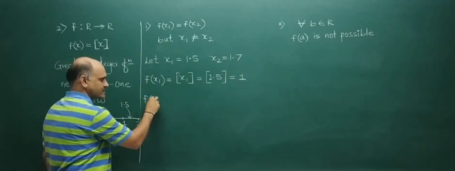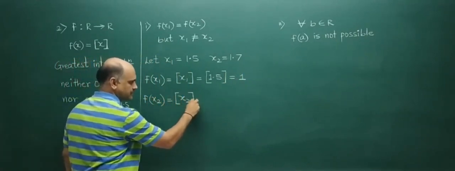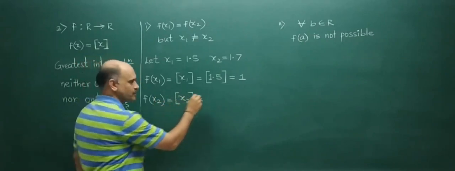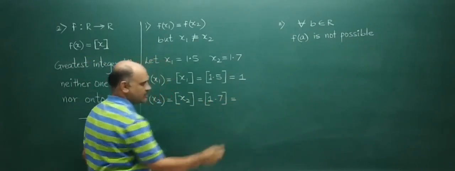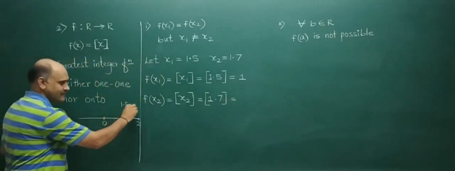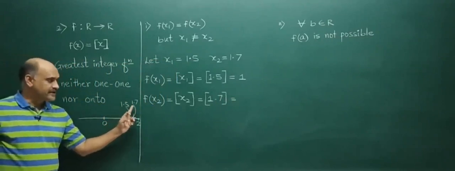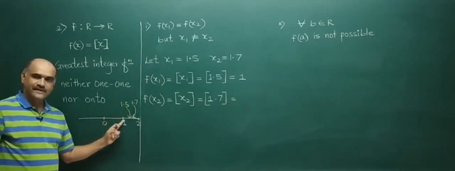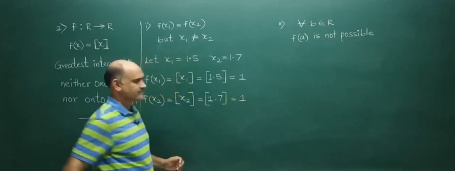Similarly, f of x2 is greatest integer of x2, x2 is 1.7. So 1.7 again will be somewhere over here. So the integer to the left of 1.7 is again 1. So this answer is also 1.